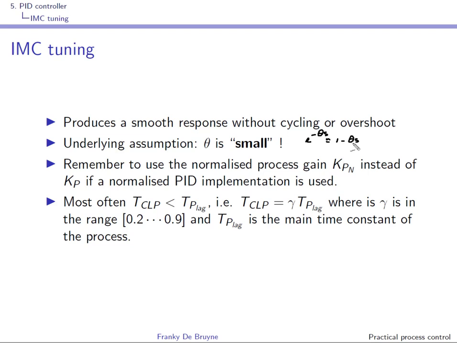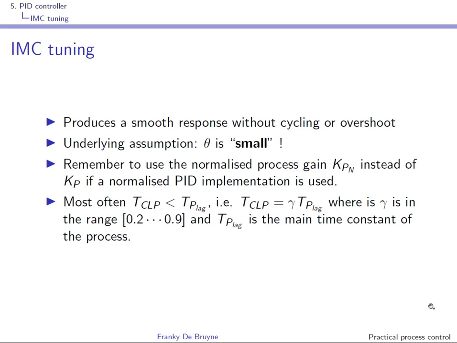Remember that sometimes the PID implementation uses a normalized controller gain, and if this is the case in the formula, you should use the normalized process gain KPN.